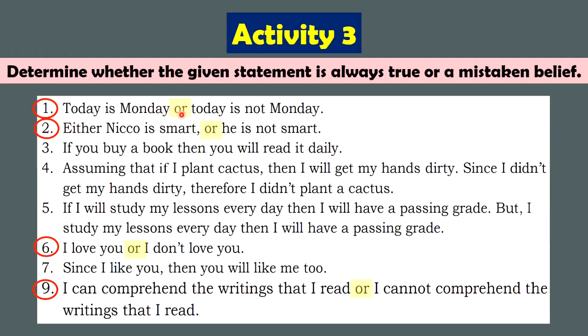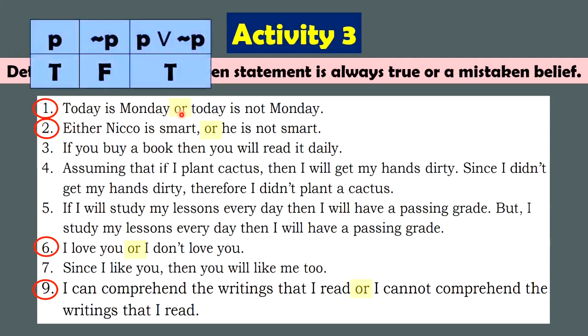Kung hindi kaya yung ganon, you may want to create a truth table. Pwedeng ganito. Yung today is Monday, kunyari, inassume nyo na true. Yung today is not Monday, of course, false yon. What can you say about their combination using the word or?